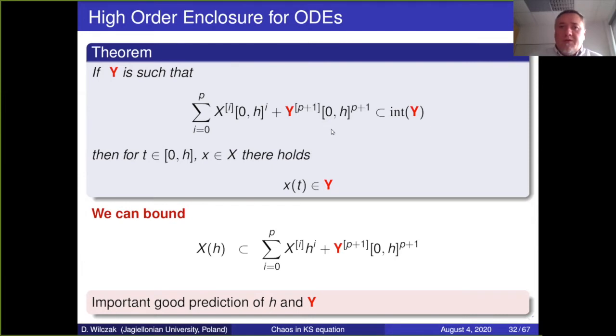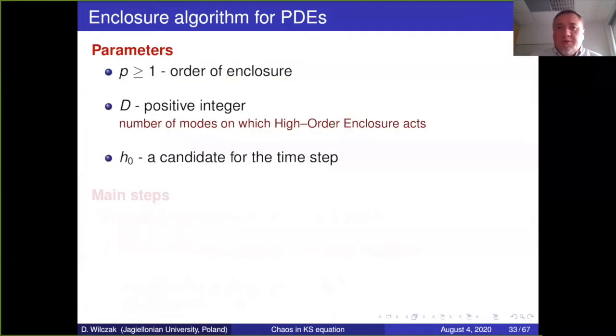Okay, how does it work in infinite dimension? We adapt this structure, this method, to infinite dimensional settings. We have some parameters of our algorithm. First of all, we have some order of enclosure, and it is usually not as large as I would like to have. For ODEs, we have 20, 25, 50, whatever.